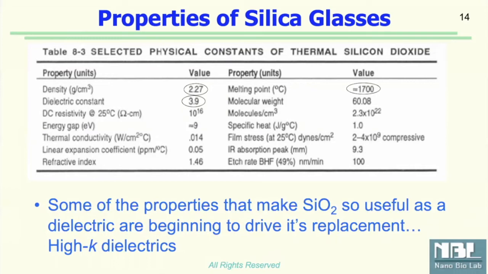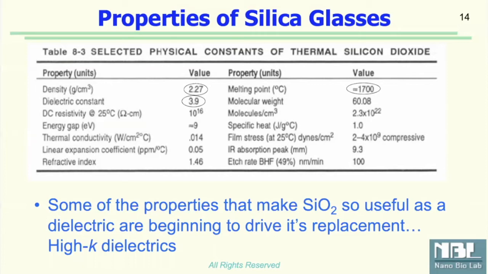It has a very high resistivity, that's why we call it an insulator. It has a really, really high melting point, 1700 degrees centigrade. Refractive index is different. So there are a bunch of properties which have made silicon dioxide the material of choice.